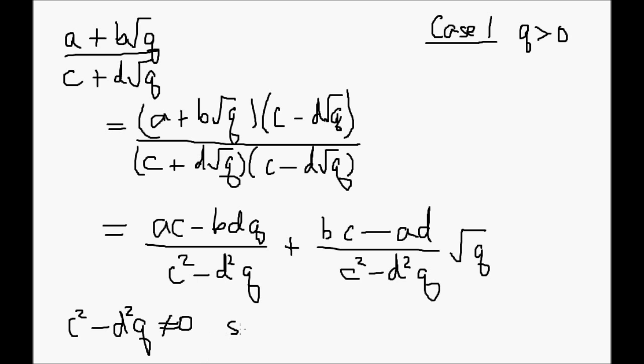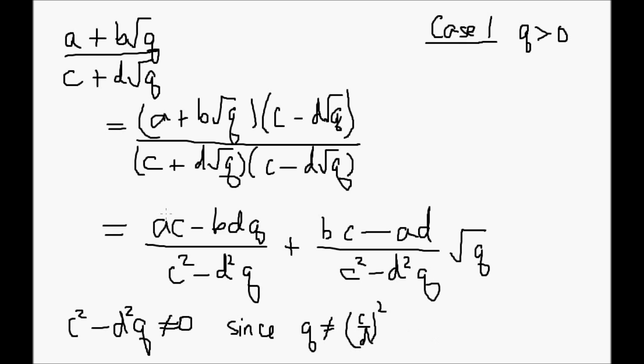Now, why don't we have a 0 in the denominator? Well, if we know that q does not equal (c over d) quantity squared. By assumption, q is not the square of a rational number, and so we know that the denominator there cannot be 0, therefore.